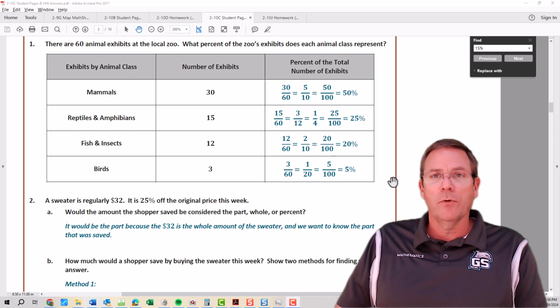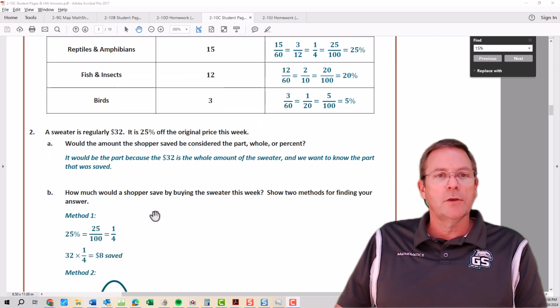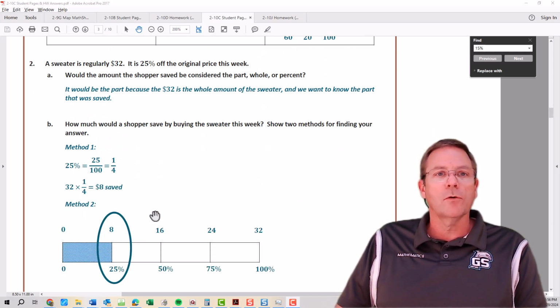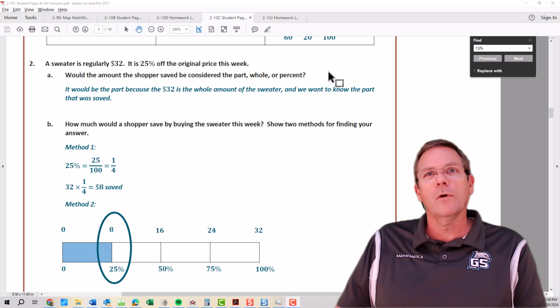The other two problems, they worked out the same way. For part A and 2, it says a sweater is regularly $32, and it's 25% off of the original price. Well, the first question is, would the amount the shopper saved be considered a part, a whole, or a percent?